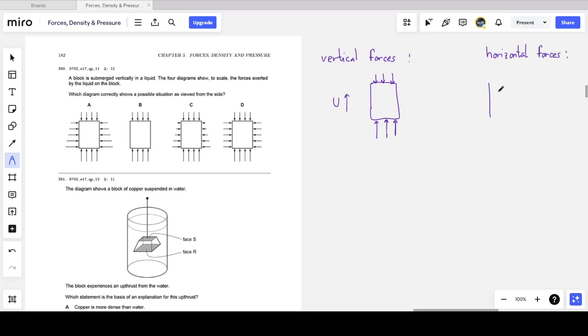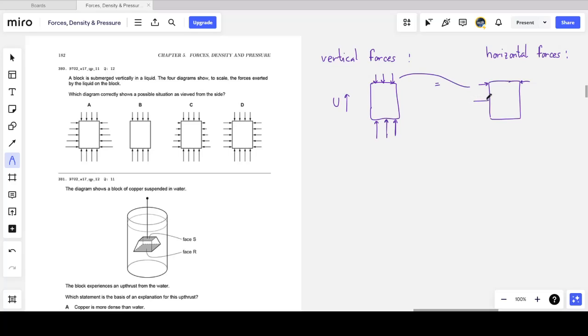Now the horizontal forces: the pressure at the same height as we had labeled the vertical forces will be the same. So for the arrow closest to the top, the pressure is the same on all sides of the cylinder, meaning the force is the same on all sides. And so that arrow pointing downward is the same magnitude as that arrow pointing to the right.